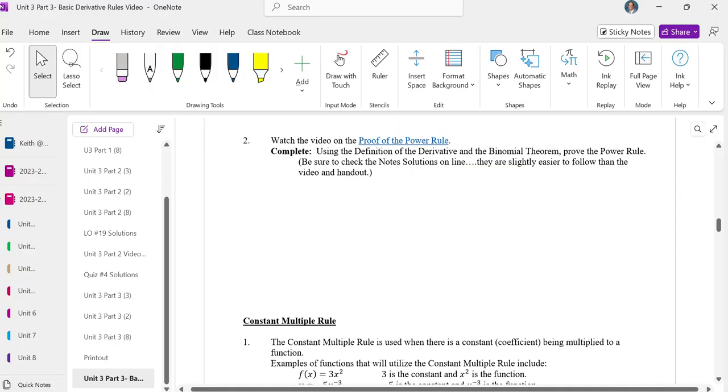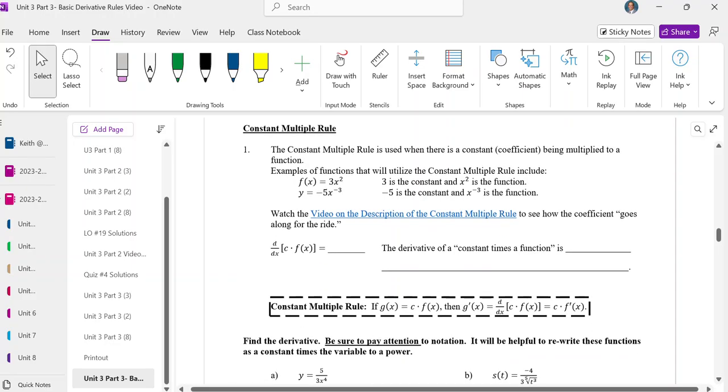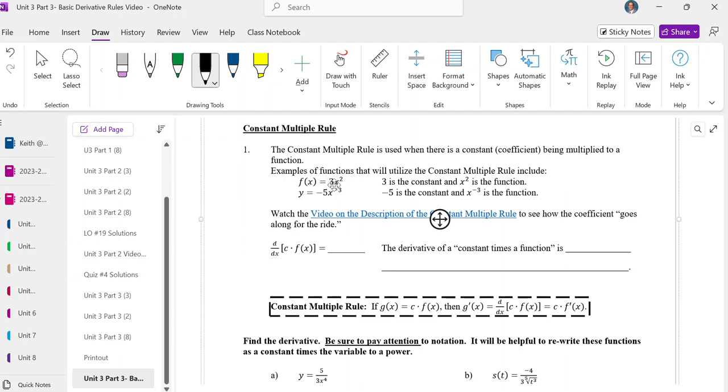All right, we'll skip the proof of the power rule. Go to the constant multiple rule. So the constant multiple rule says if there's a constant already in front of the power, that you multiply the power by the constant and then subtract 1.